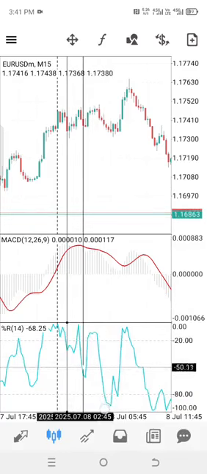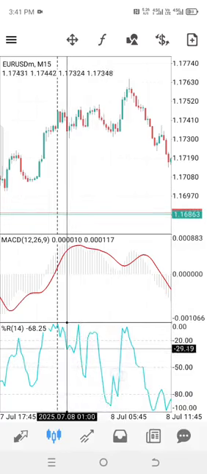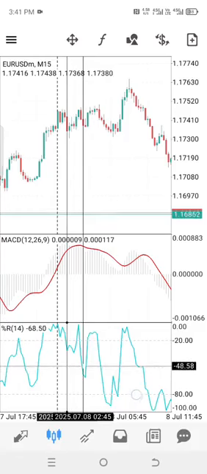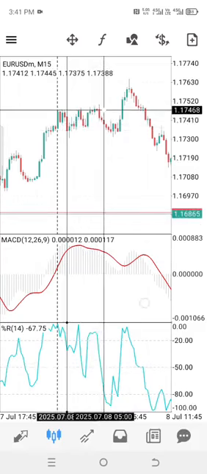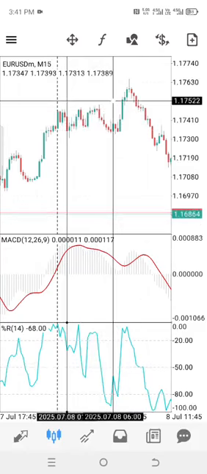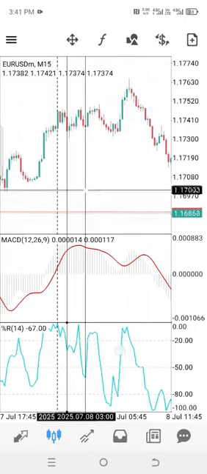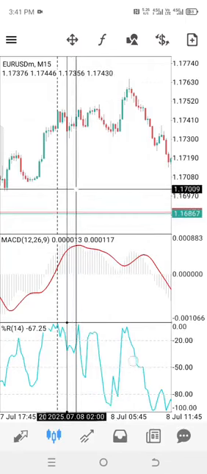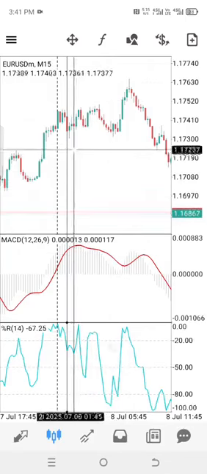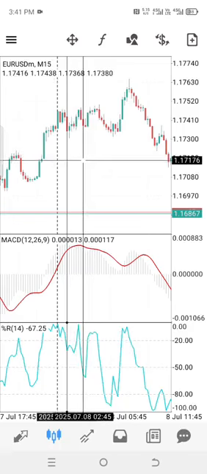But you might want to argue that, okay, but look, it touched it here, so how come we didn't enter the trade? If you're someone that is familiar with my videos, you would have understood why you needed to avoid this trade. I've said it several times that in trading, we don't just look at price. Timing also matters.